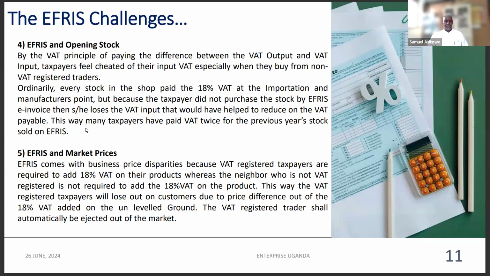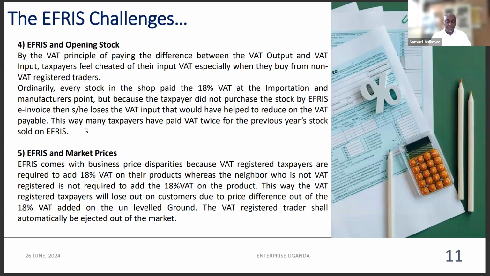Now, the issue is that my neighbor who is not registered for VAT is not required to add that 18% VAT on the product. This way, the VAT registered taxpayers will lose out on customers due to the price difference from the 18% VAT added, and we call this an unleveled ground that is affecting traders and businessmen.